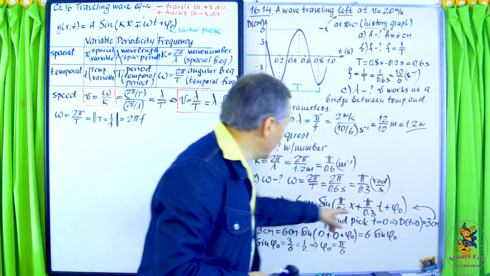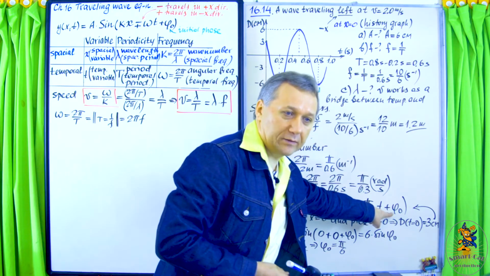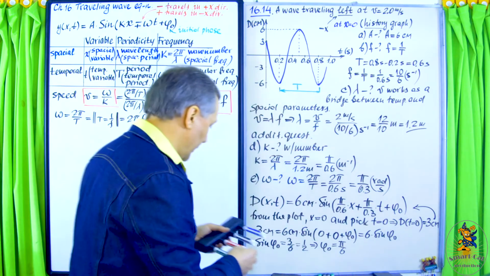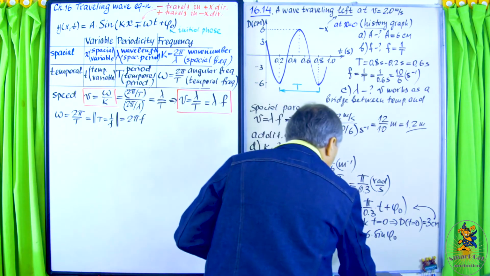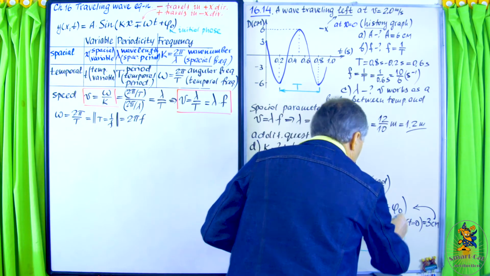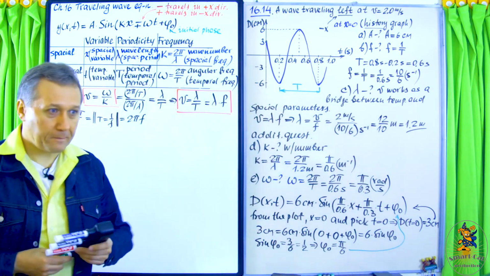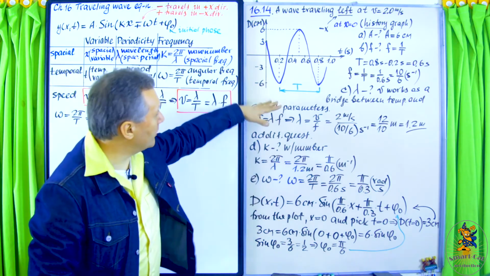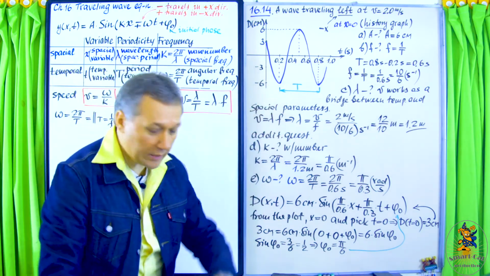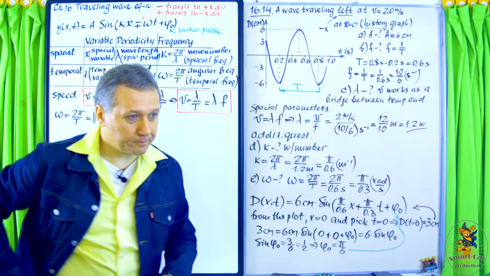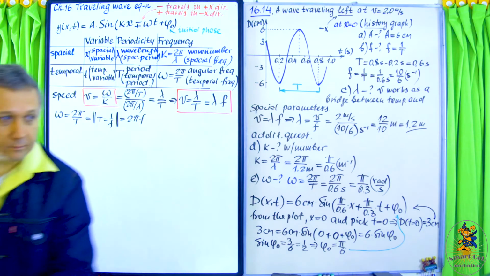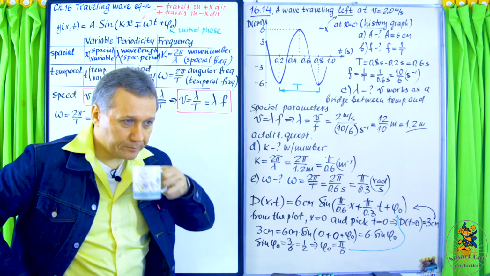I'm almost out of space, but of course you can easily plug it in instead of phi naught in order to get the final form of the equation. In your homework, there will also be a problem where you will have to find phi naught, which is not going to be 0.